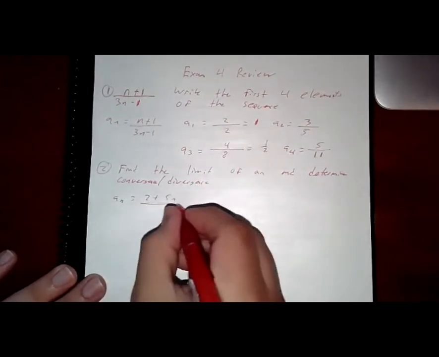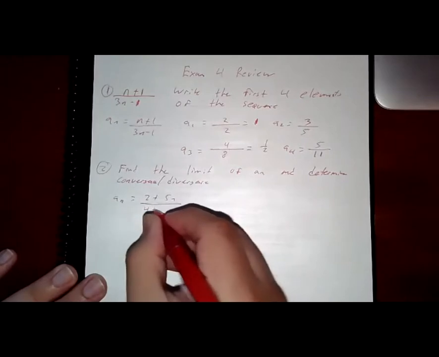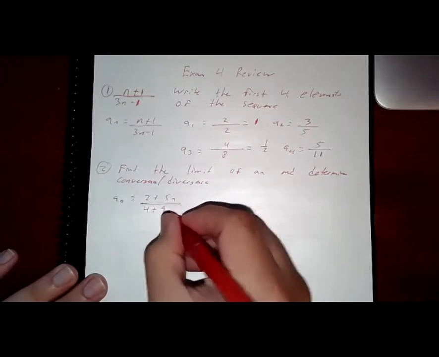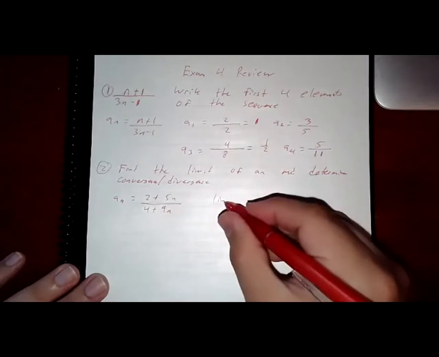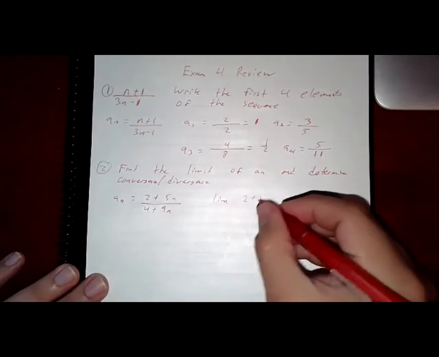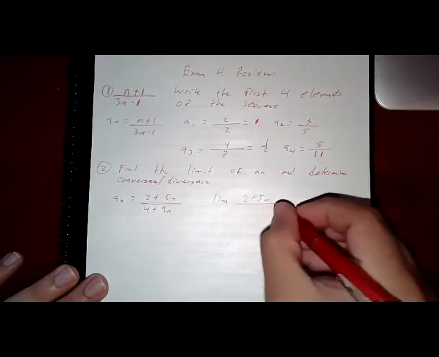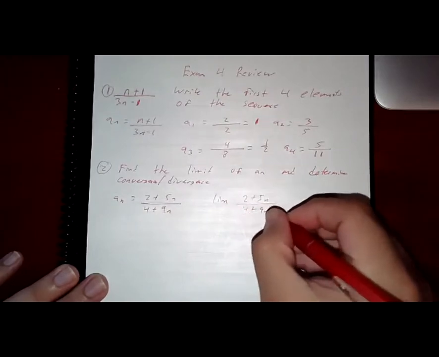So a_n is equal to 2 plus 5n over 4 plus 9n, and we know that if it's a sequence, the only thing you can do is take the limit as n approaches infinity.